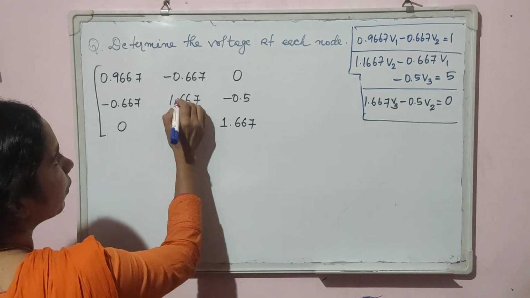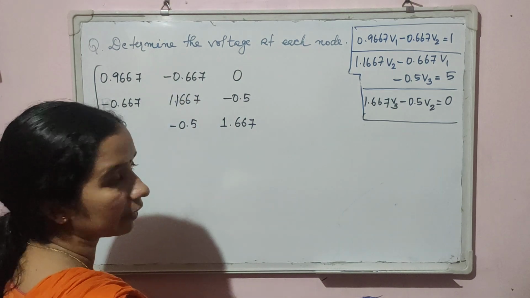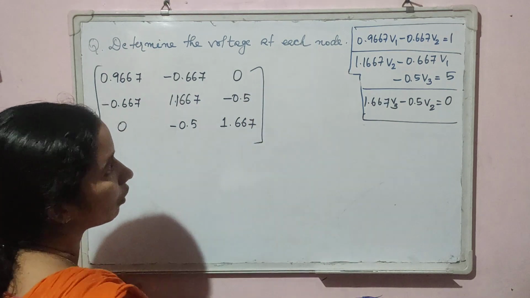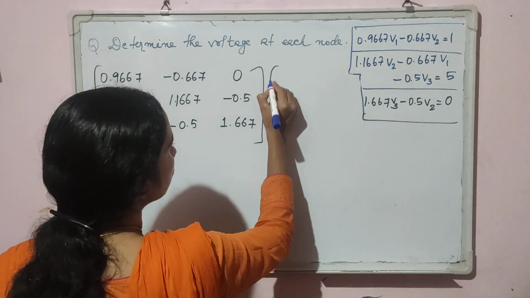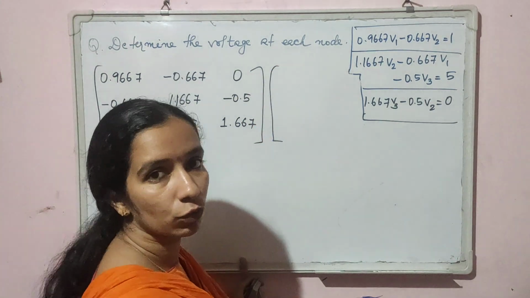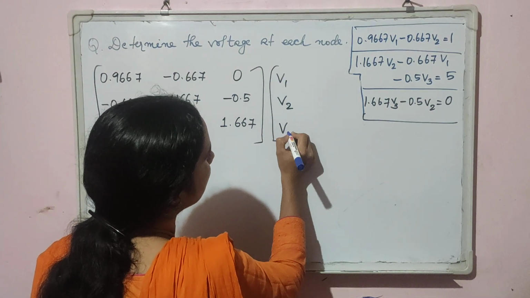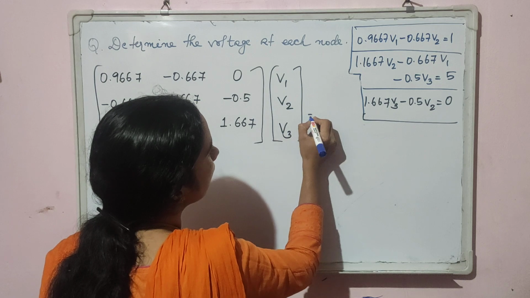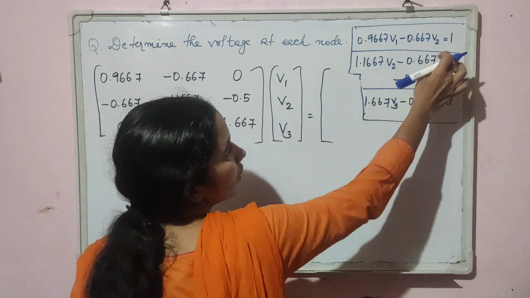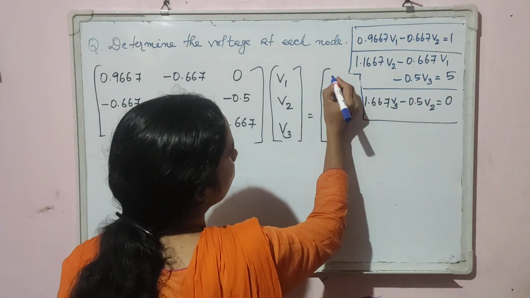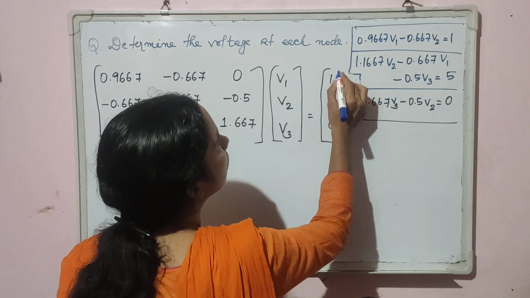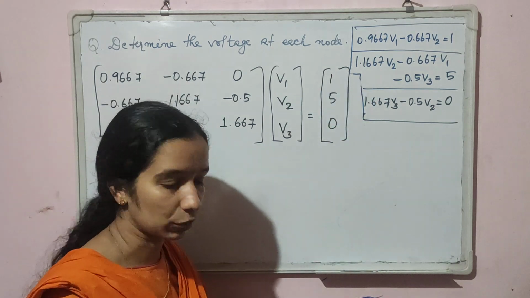So this is our coefficient matrix into the matrix of unknown voltages V1, V2 and V3 is equal to a constant matrix, that is 1, 5 and 0. So this is our matrix equation.